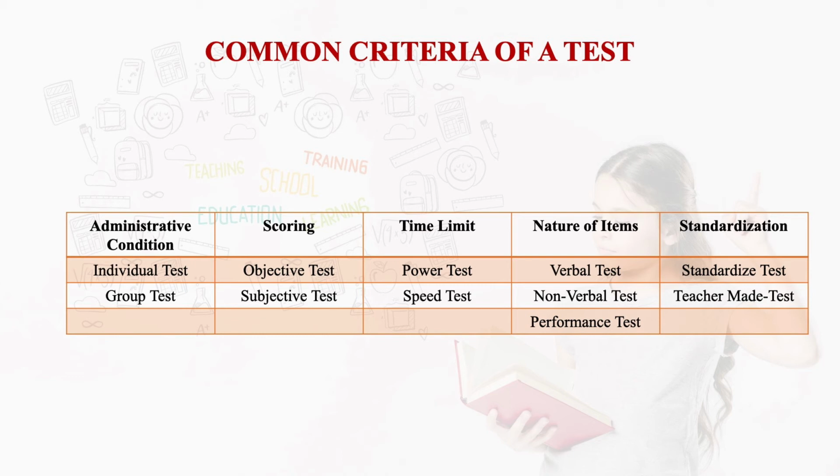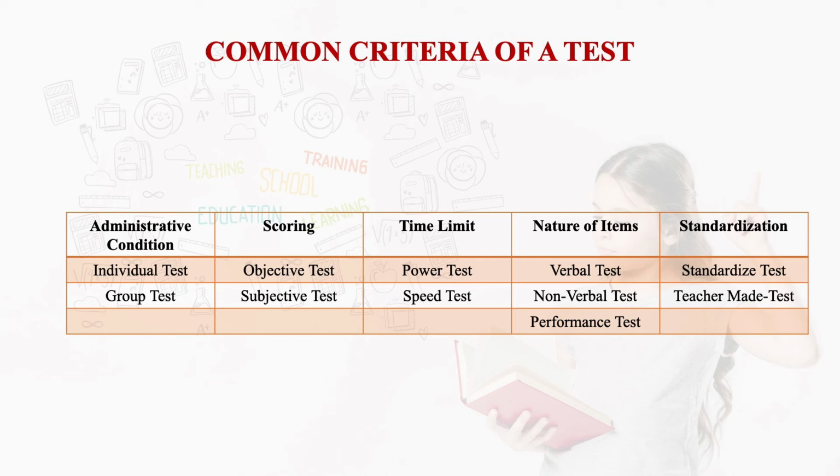And for the time limit, so far as the criteria of time limit is concerned, a test may be of two types, that is power test and speed test. Speed test means how fast you are, how quickly you complete the test, taking a very small amount of time.